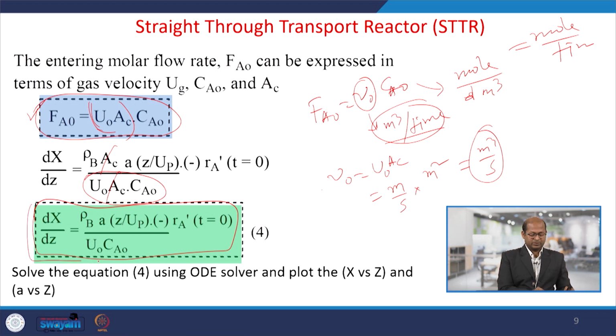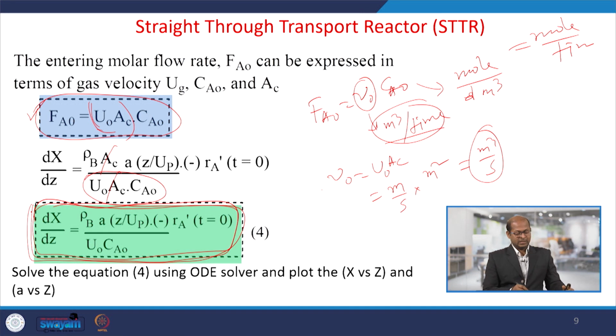So, equation 4 is the differential equation of the straight through transport reactor: how the conversion changes along the length or height of the tube where the reactions take place. The catalyst and the reactant gas move at a particular velocity, and with increasing height the catalyst gradually deactivates.